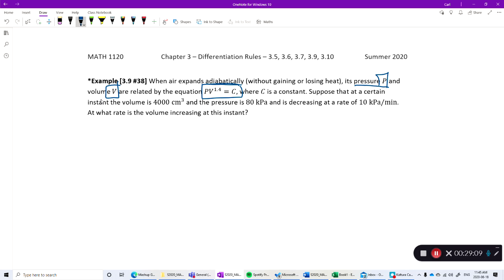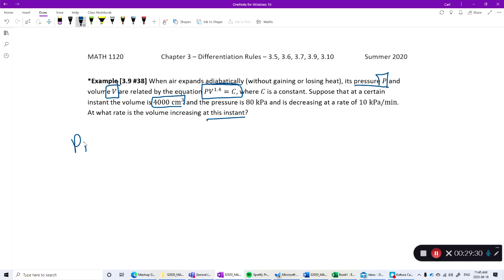Suppose that at a certain instant the volume is 4,000 cubic centimeters, so 4 liters, and the pressure is 80 kilopascals. And the pressure is dropping at 10 kilopascals per minute. So it's expanding, the pressure is dropping. At what rate is the volume increasing at that instant?